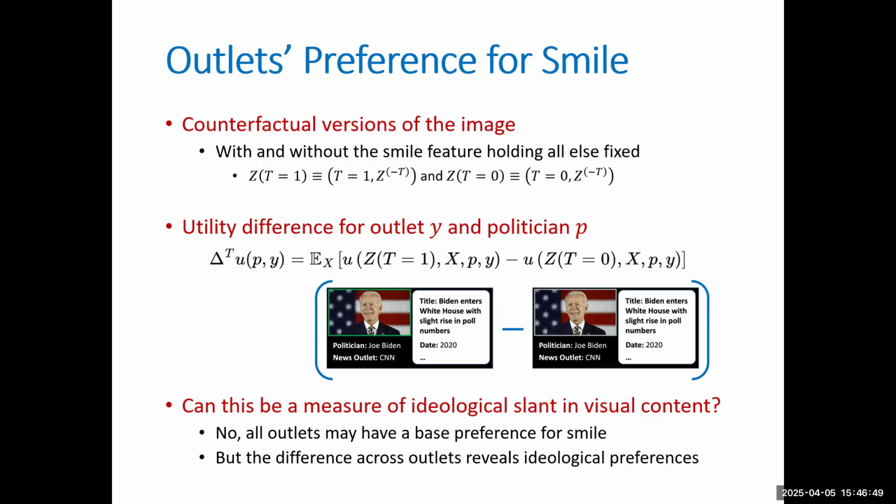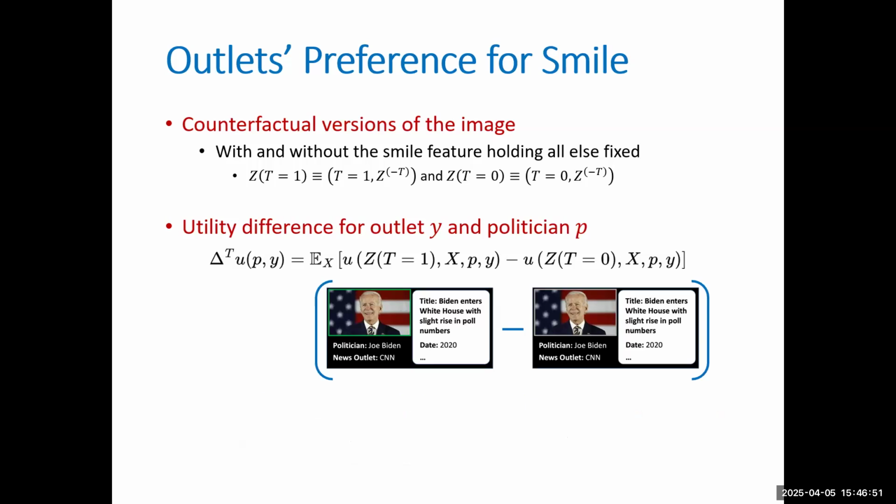So here I define this outlet preference for a smile. All else equal, you just add a smile, one isolated feature. Smiley version, neutral version. What is the difference in utility? One question here is, can we think of this as a good measure of the slant?